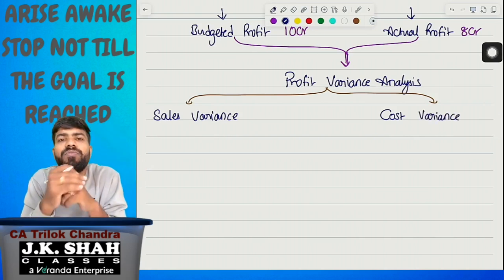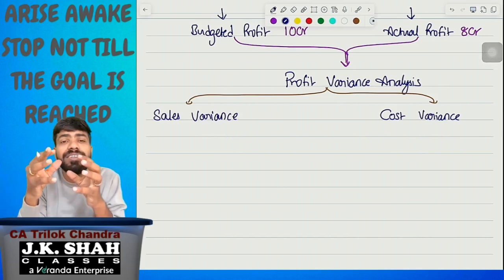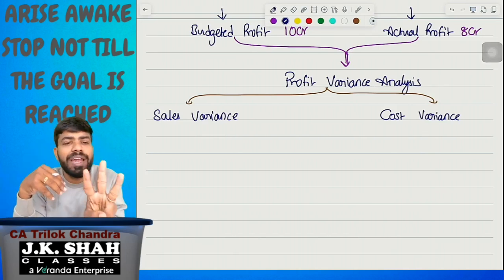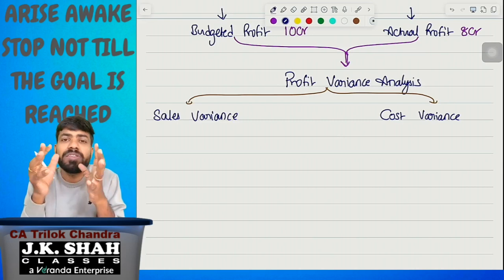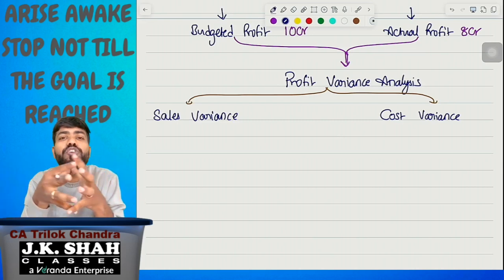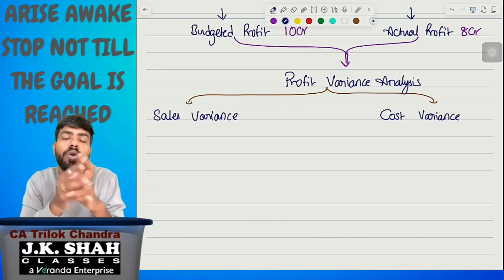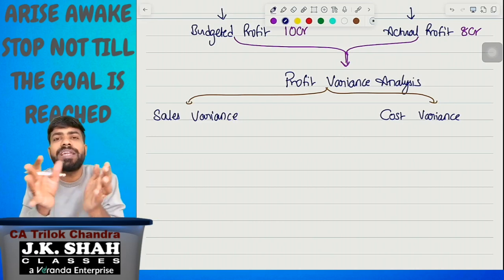Clear till now? When it comes to cost variance, cost is again classified into three more categories: material, labor, overheads. Because cost is an accumulation of the material, labor and overheads. Overheads are again divided into variable overheads and fixed overheads.